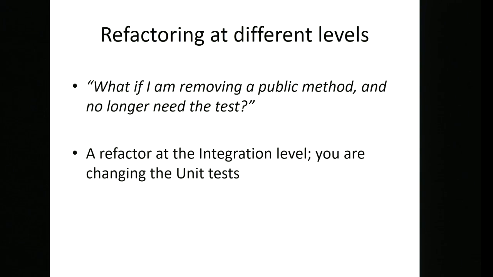Of course, if you remove the public method and literally everything else fails, at all levels, then that's probably resulted from the fact that you're doing this as part of some larger changes, or adding or removing functionality at a system level.